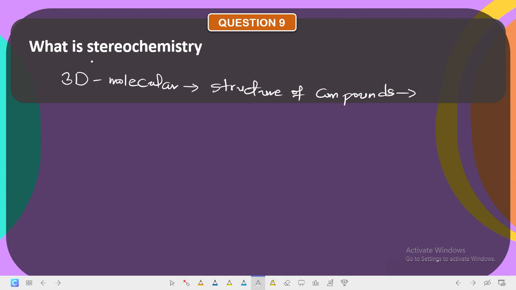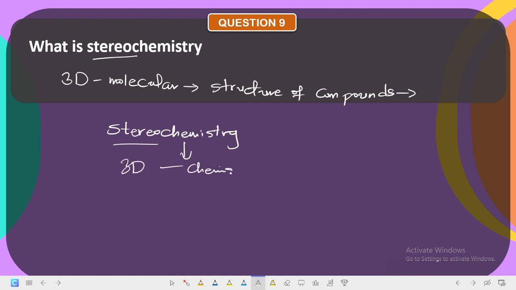As the name implies, stereo means what? 3D. Why chemistry is there? So the study of chemistry that studies the 3D molecular structure of compounds is called stereochemistry.